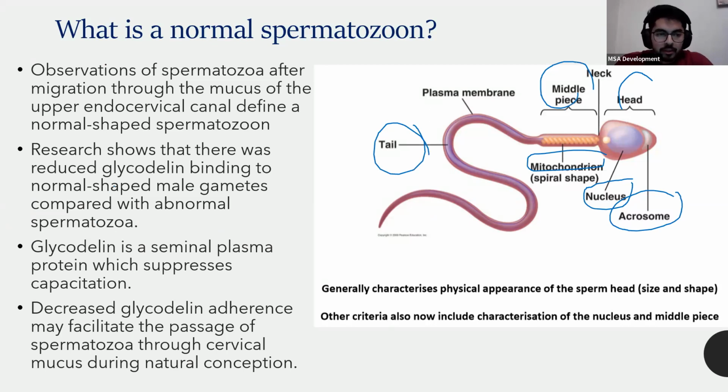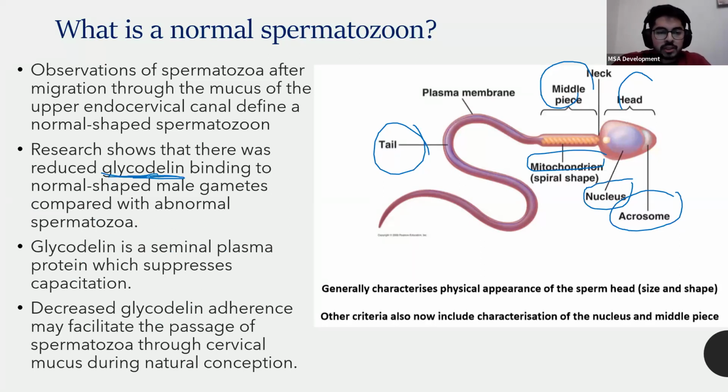However, there's something to add in this slide. We have this protein that is originally released by the male genital system, okay? Specifically by the epididymis and the accessory glands. So we have this protein called glycodelin, okay?